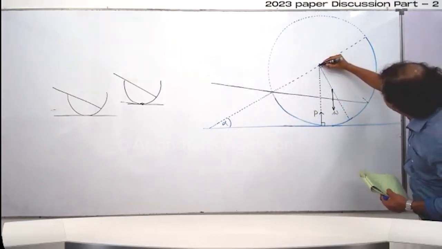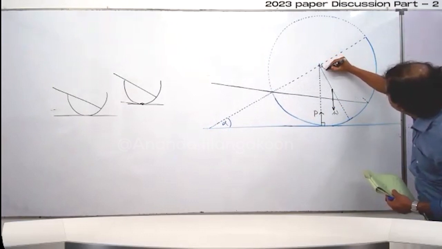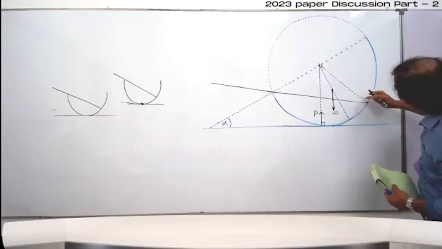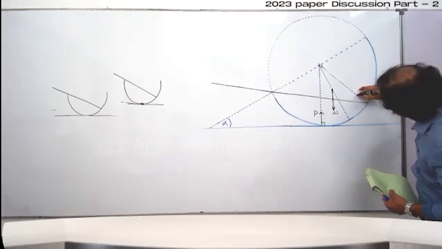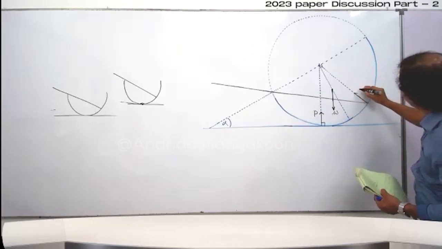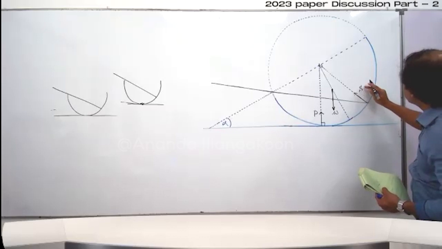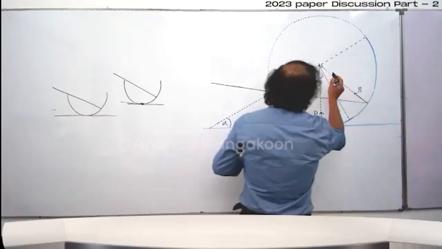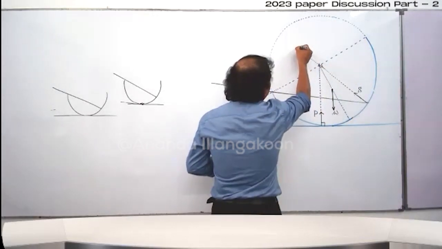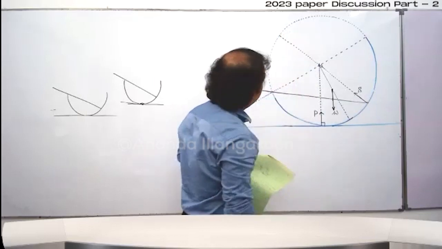You have to draw the line this way. The reaction passes through the center, and that line only I am producing this way now.